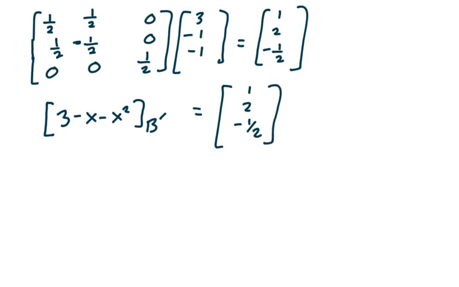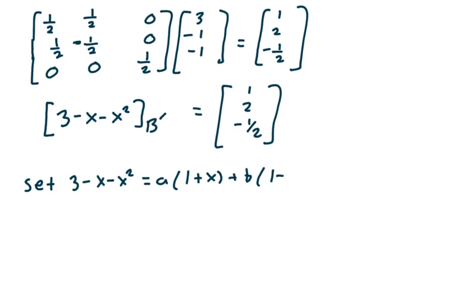And that's how we do problem 9. And one thing I want to point out is we can always check, right? So, in other words, we can take 3 minus x squared, and we could set this equal to a times 1 plus x plus b times 1 minus x plus c times 2x squared.